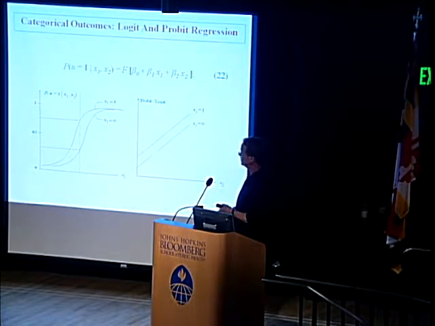And we talk about the probability of being in the highest category 1 as a function of, in this case, two x variables. That function is f of beta 0, which is an intercept, plus beta 1 x1, plus beta 2 x2, the two slopes multiplying their respective covariates.